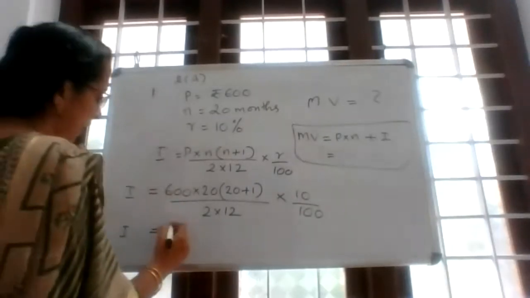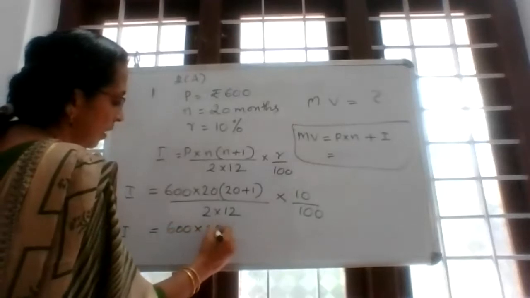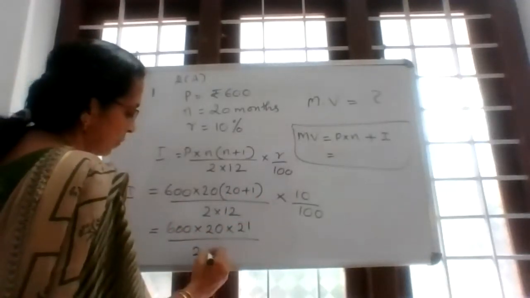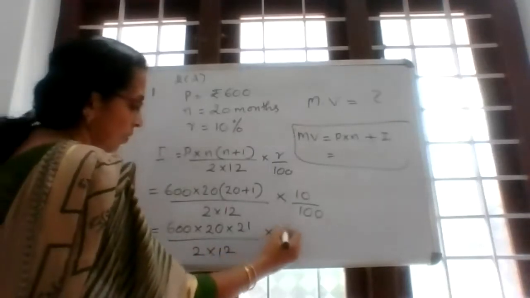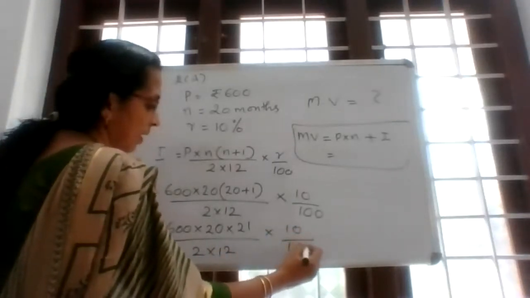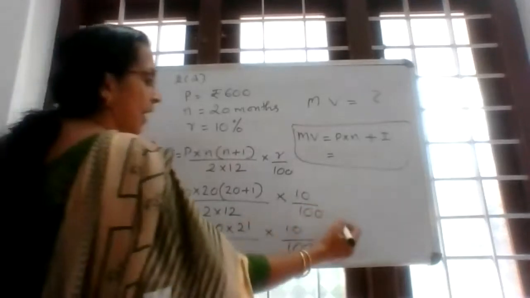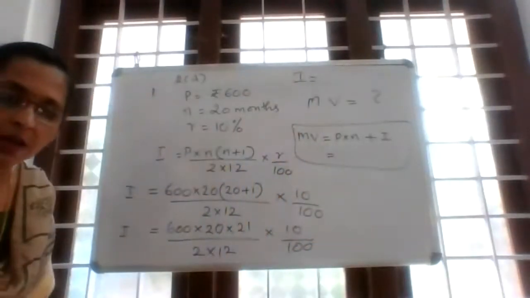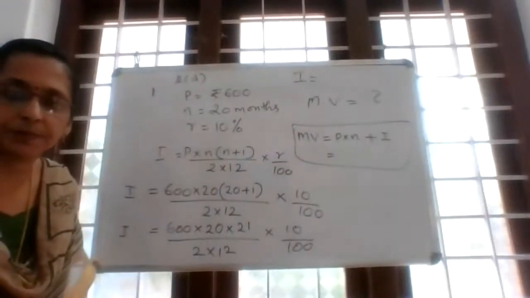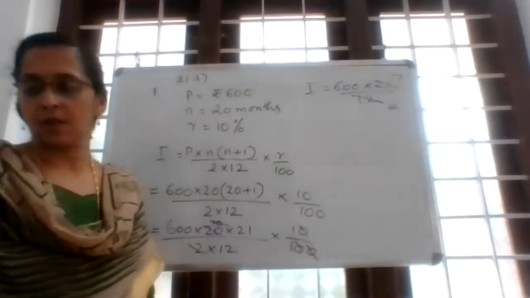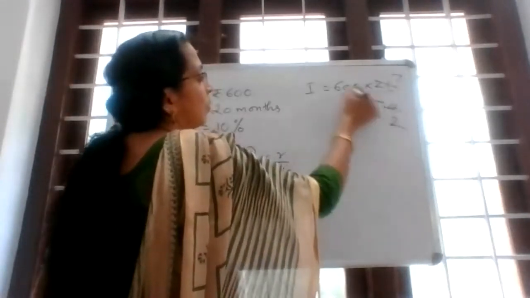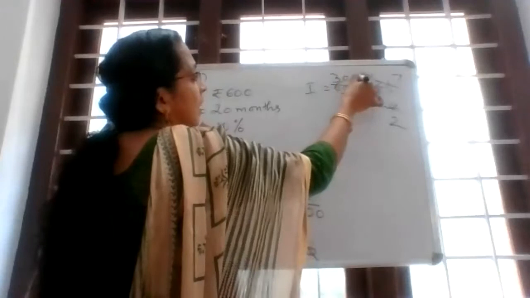So 600 into 20 plus 1 is 21, divided by 2 into 12 into 10 by 100. So cancel and find the answer. I is equal to how much? Cancellation. Again here 2 is possible, 3 2s are 6, 300.